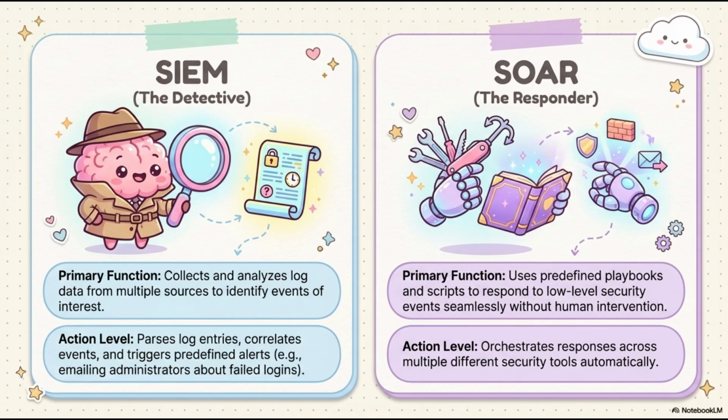Closely related to SIEM technology is security orchestration, automation, and response, known as SOAR. A SOAR platform uses predefined playbooks and scripts to respond to low-level security events without requiring constant human intervention. This demonstrates orchestration by coordinating responses across multiple security tools seamlessly.